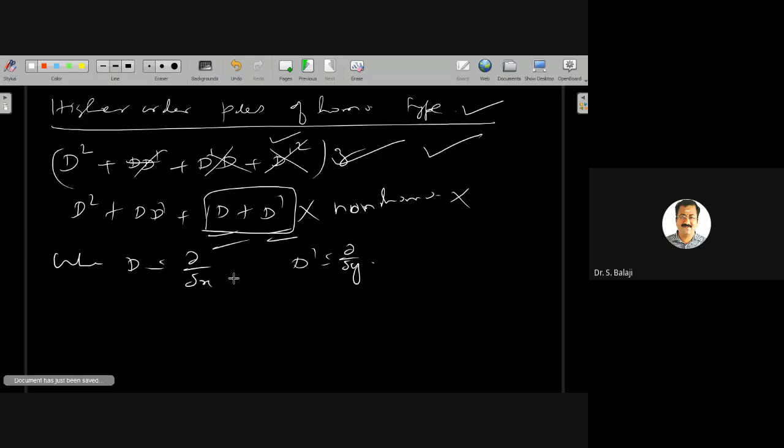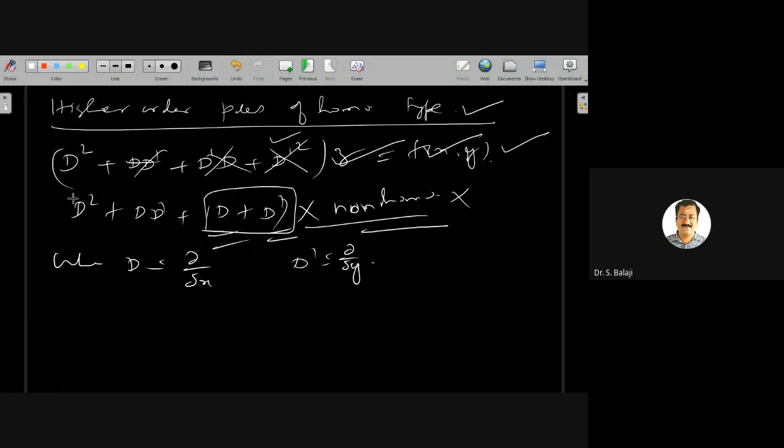Z means ∂z/∂x, ∂z/∂y, that type of thing, equal to a function of x comma y. These are the homogeneous type. This is homogeneous type. This is non-homogeneous type, with z and then f(x, y).